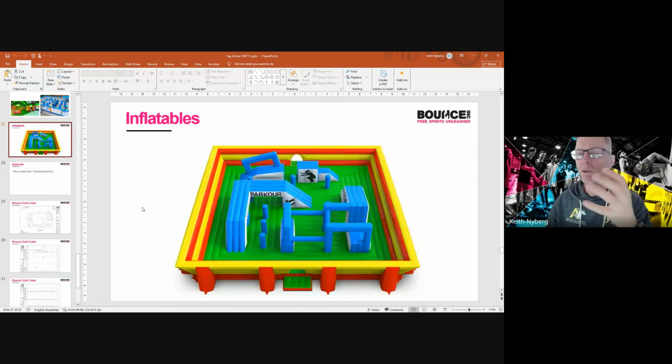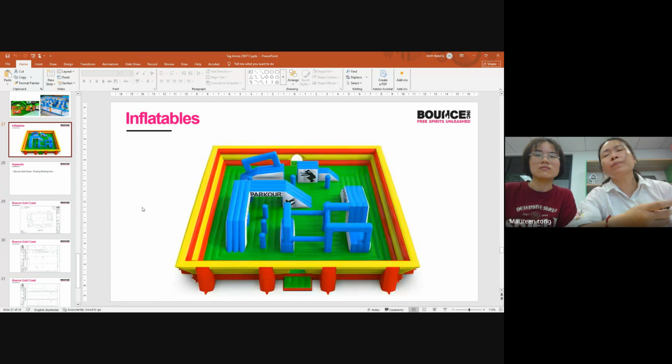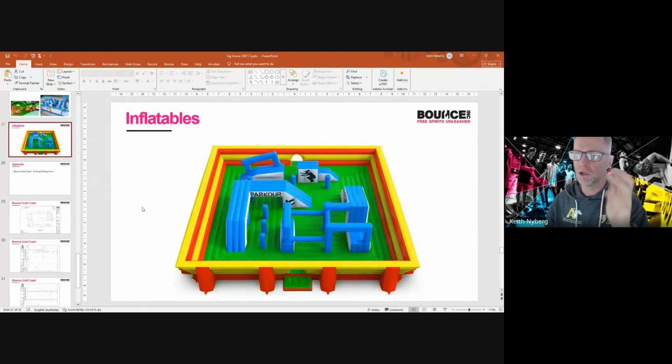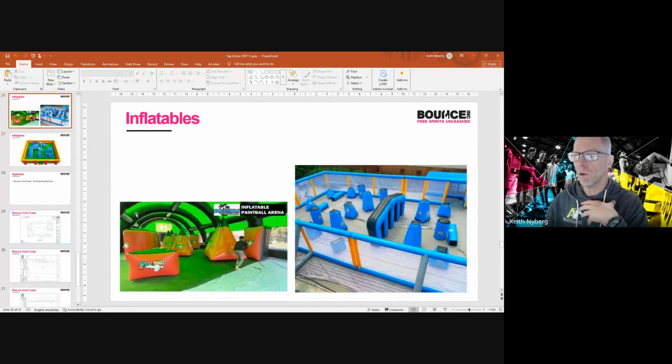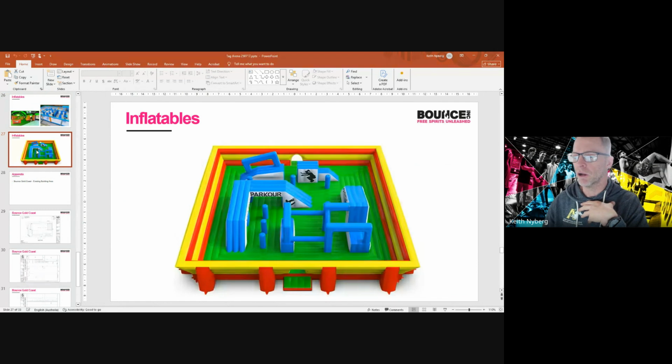We don't love inflatables, but I also don't think we've really pushed what's possible. We want this to be a multi-use area. So the first game is just the tag game, but you could play that with multiple people as well, so there are two teams and things like that.